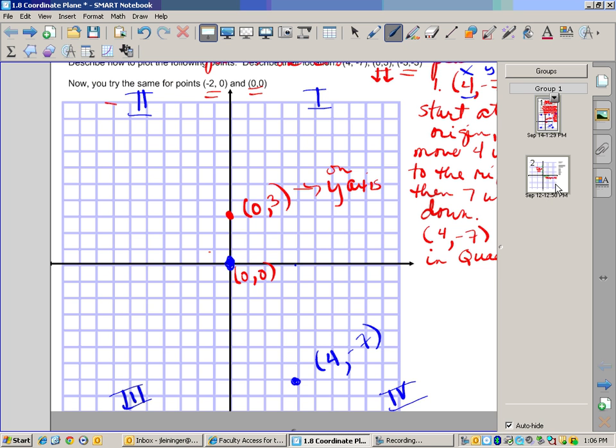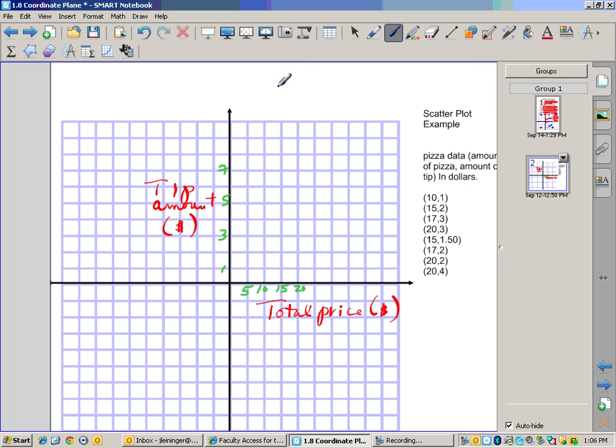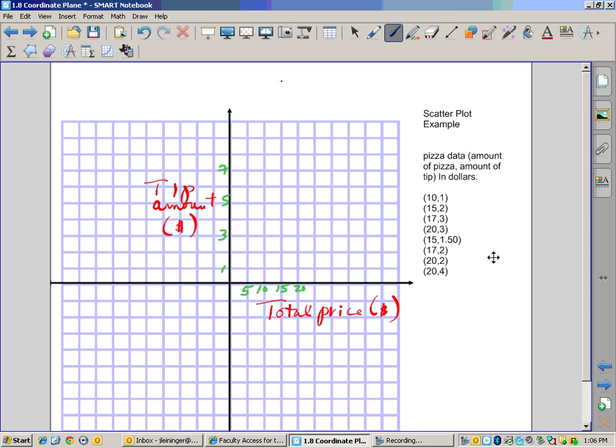Okay, let's look at the next page really quick, because this is an example of a scatter plot, a way scatter plot data might be used. So here I am a pizza delivery person, and I am looking at my receipts for the week, and you can see I've defined how my ordered pairs look.